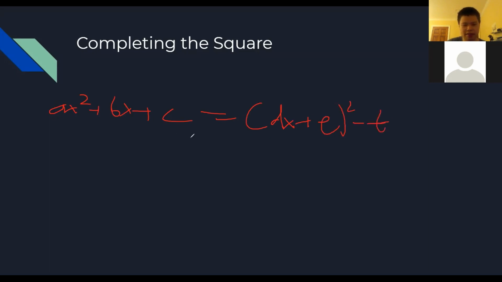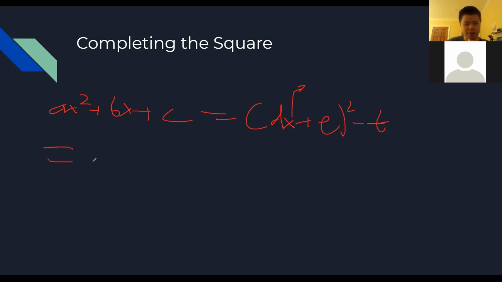I will just use the alphabetical variables for now. Each term has to cancel out between each side. So for the x squared side, each side has to be the same. The x squared term on the right side has to have a coefficient of a, while the x term there has to have a coefficient of b.